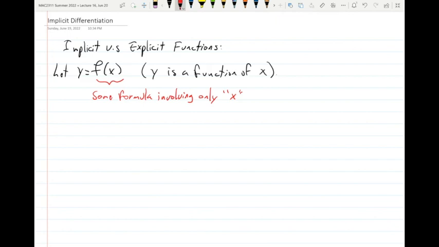If you have f of t, then it's a formula only involving t. When you have something like this, we call that an explicit form of the function.